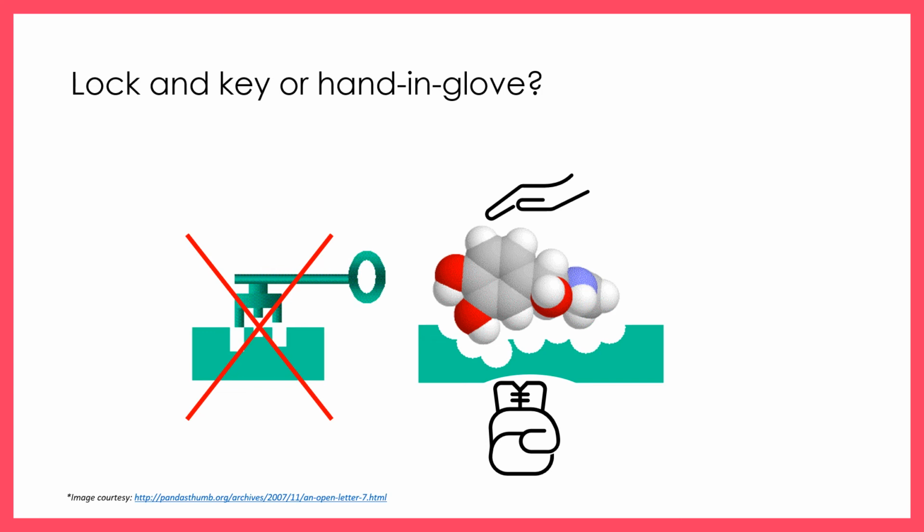A so-called hand-in-glove model considers the fact that both proteins and drug molecules wiggle around as they try to accommodate each other, like we wiggle our fingers when putting gloves on. Experimental tools often fail to detect molecular motion. Let's watch a computer-generated movie of a molecular dance to find out how computers can make biological molecules come alive.